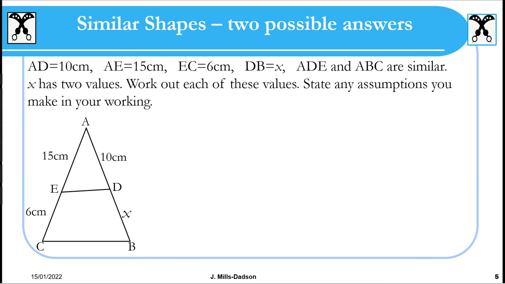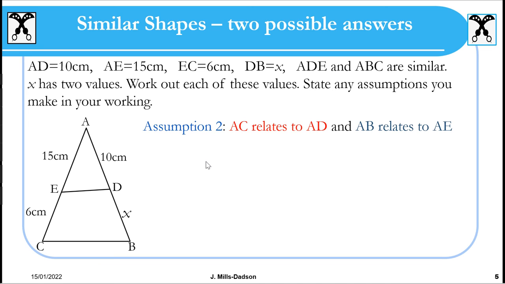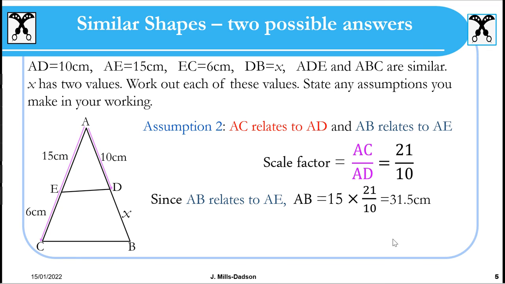Next assumption, we say AC relates to AD and AB relates to AE. So to find our scale factor, we are going to divide AC by AD. So we have 21/10, which is 2.1. You can leave it as a fraction or make it 2.1.